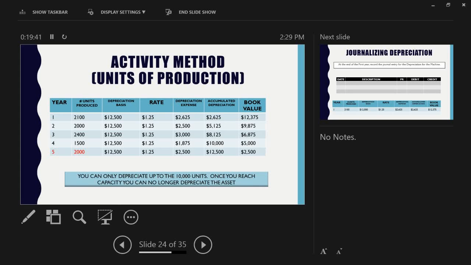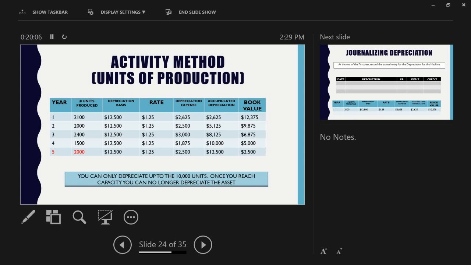Your capacity is only 10,000. If you are given that capacity and you say you produce 2,100, that's fine. But once you reach capacity, you stop there. So you would still calculate this asset as if it produced 2,000 items that year.